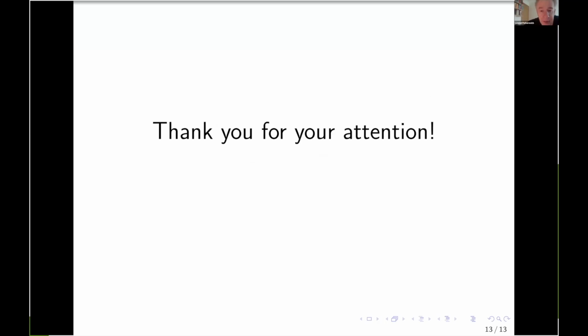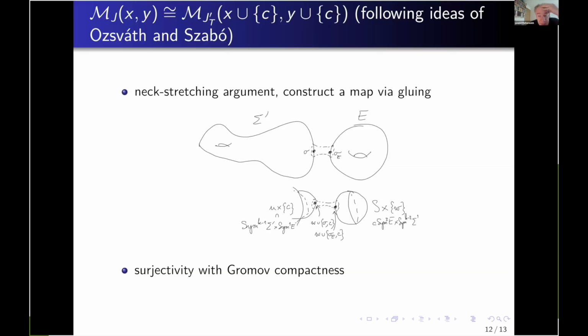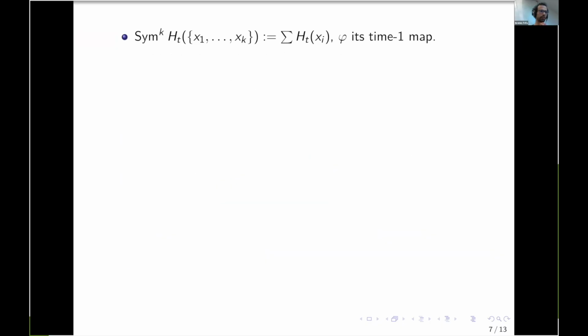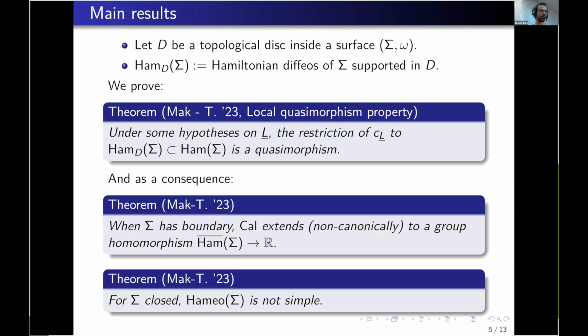I have a question. In principle, one gets quasimorphisms under weaker assumptions than semisimplicity of quantum cohomology. One needs the field factor. Did you check it? I didn't check, but I believe, well, we have some example.